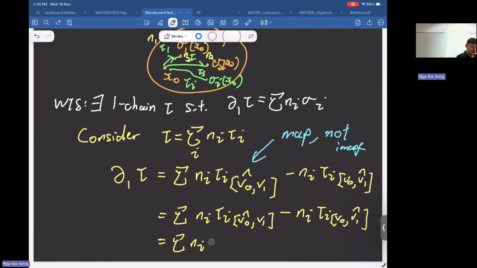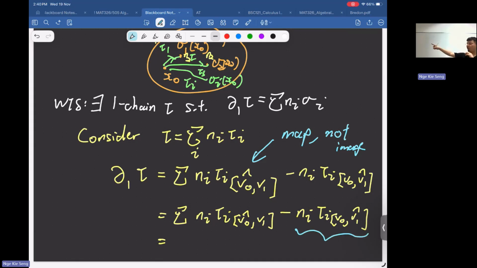But the point here is that these all start at the same place. So this is actually equal to, let's call it, sigma 0. They are the same map.